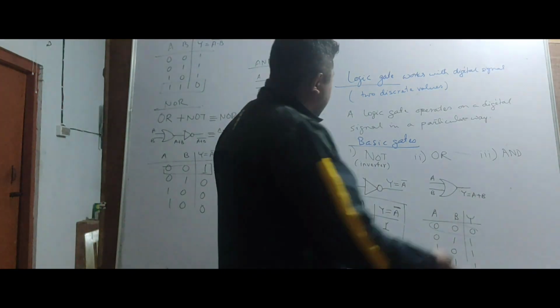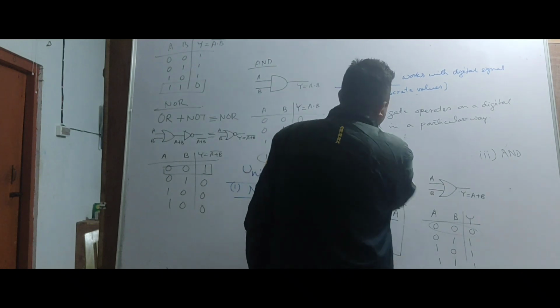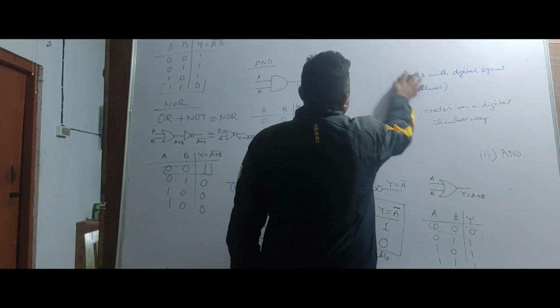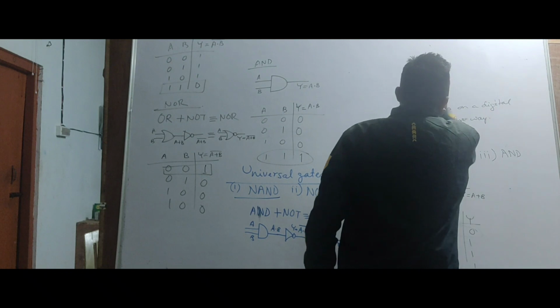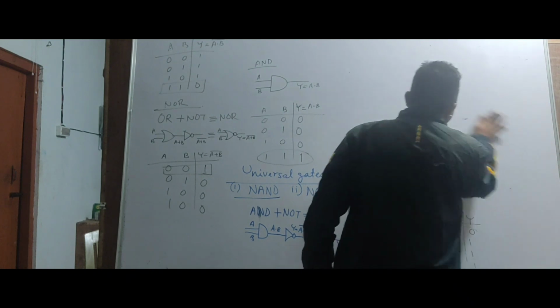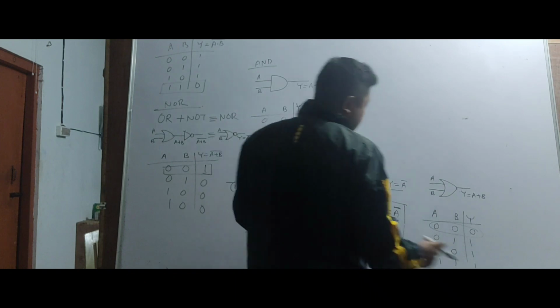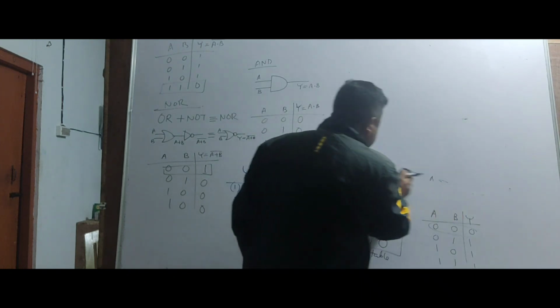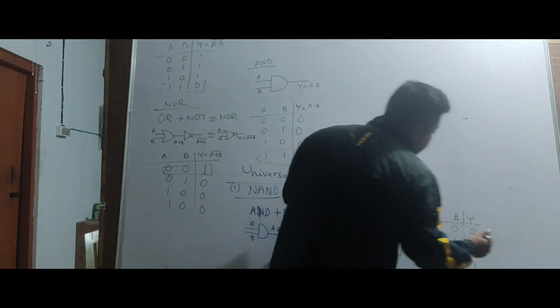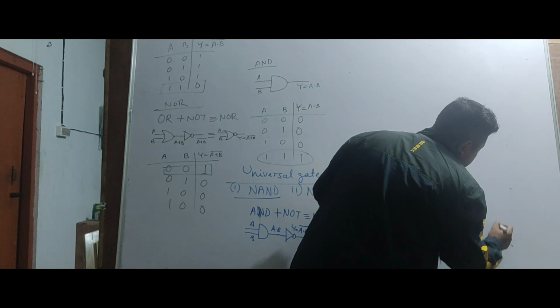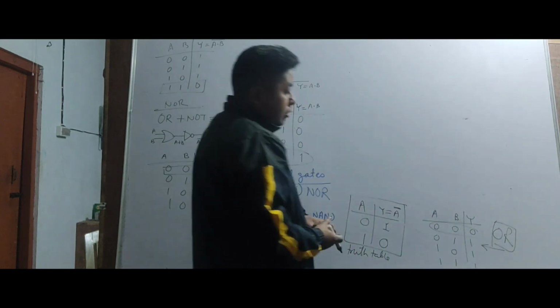Okay. So let me use this space to explain this. It's very easy and interesting how we can get this. For that we will need this table. This is the truth table for OR.